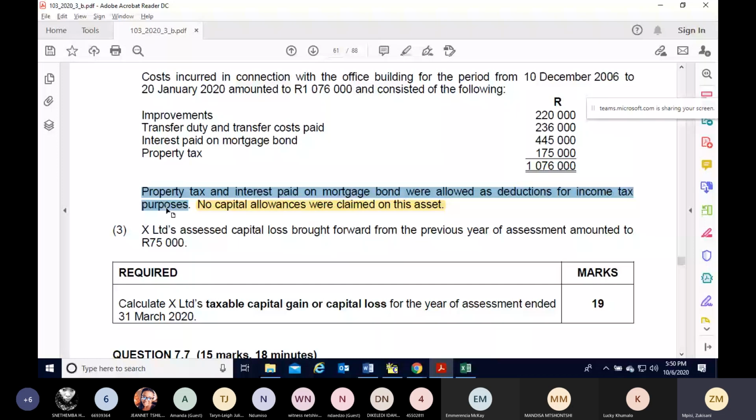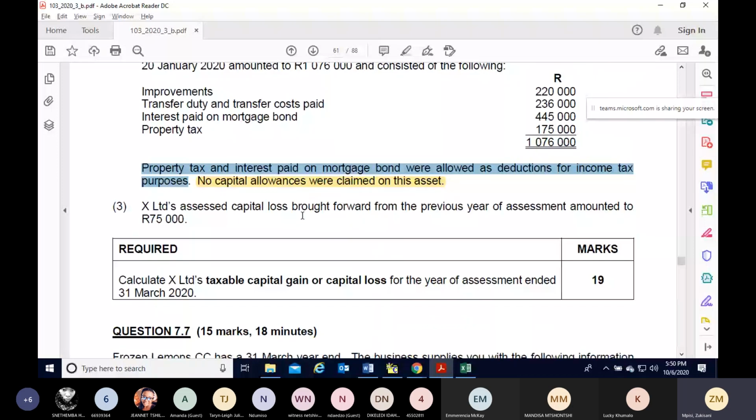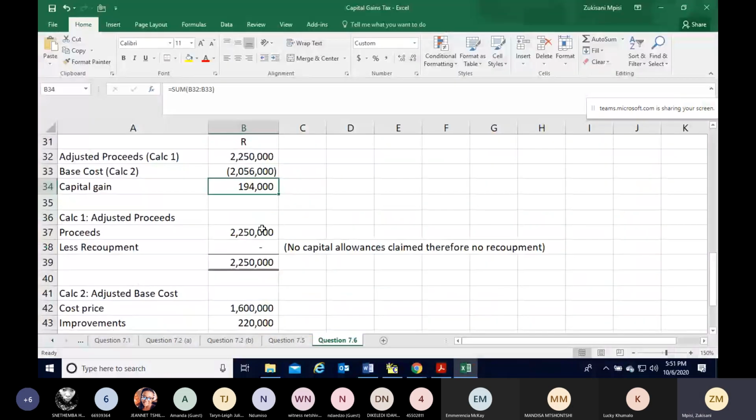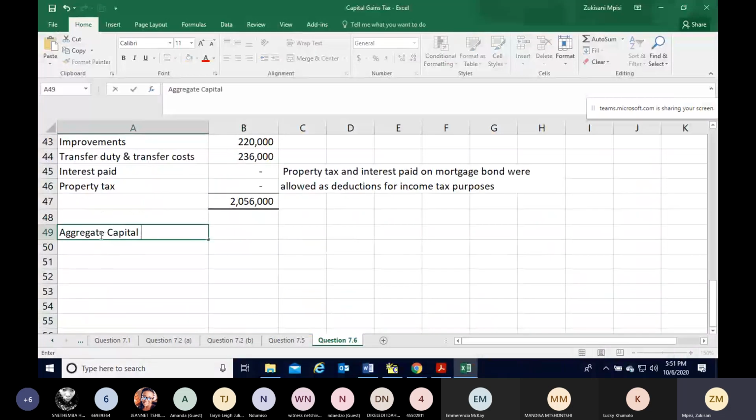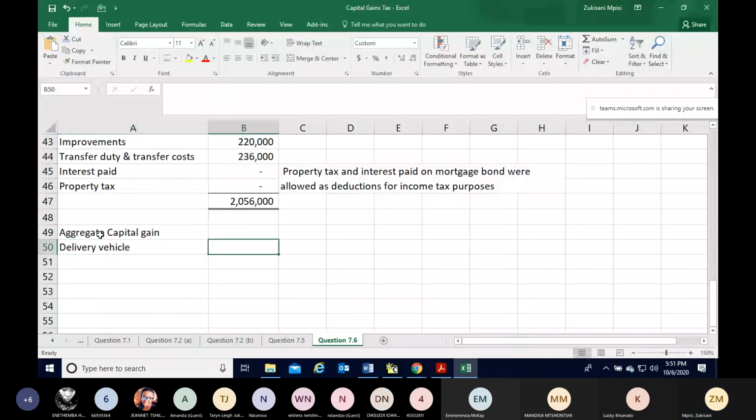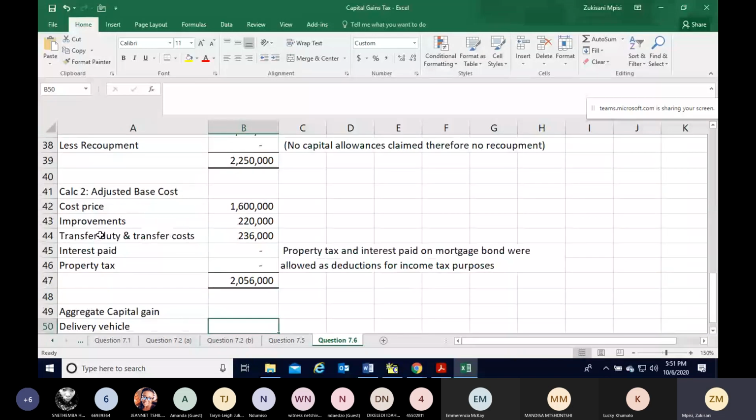So let us look at the third transaction. The third transaction says XLTD's assessed capital loss brought forward from the previous year of assessment amounted to 75,000. So what we now need to do is to calculate the aggregate capital gain. So what are we going to do? We're going to say delivery vehicle. How much is the delivery vehicle? 0.